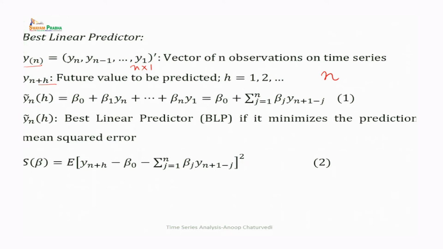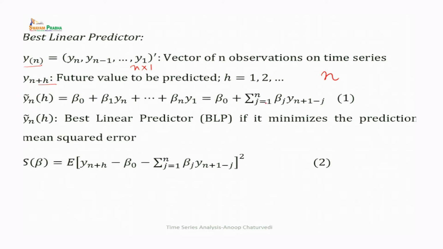Then you can write it as follows. Beta naught, beta 1, so on beta n are the weights. Beta naught is something like an intercept term, beta 1 is the weight assigned to y n, beta 2 is the weight assigned to y n minus 1 and so on, beta n is the weight assigned to y 1. Then you can write it as beta naught plus summation j equal to 1 to n beta j y n plus 1 minus j.